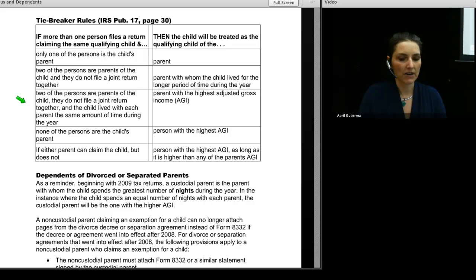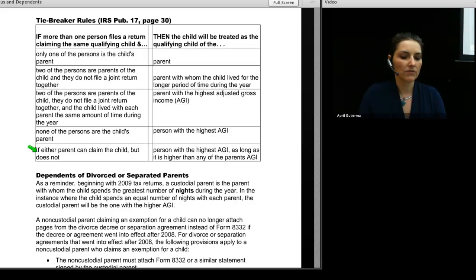If two of the persons are parents of the child and they do not file a joint return and the child lived with each of the parents the exact same amount of time for the year, then the parent with the highest income wins. If none of the persons are the child's parent, the person with the highest income wins. And if either parent can claim the child but does not, then the person with the highest AGI wins as long as it is higher than either of the parents' AGI.